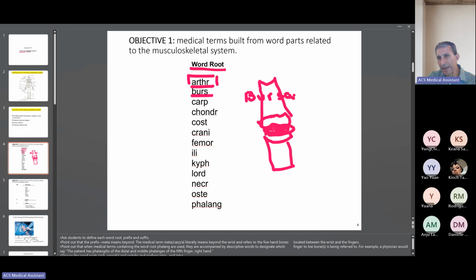And this fluid acts as a cushion. So when this bone is moving, the bones do not have friction between themselves. They do not collide. You have a cushioning in between. This is like putting a pillow in between the bones.